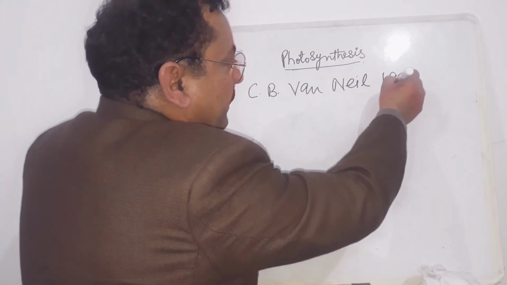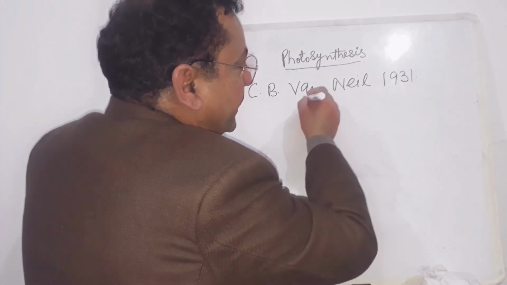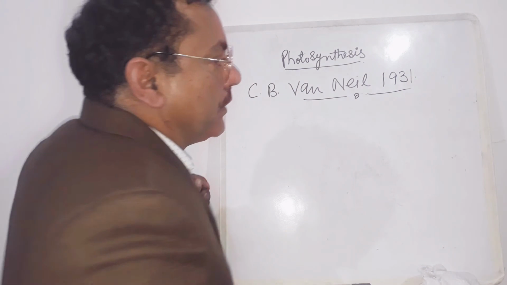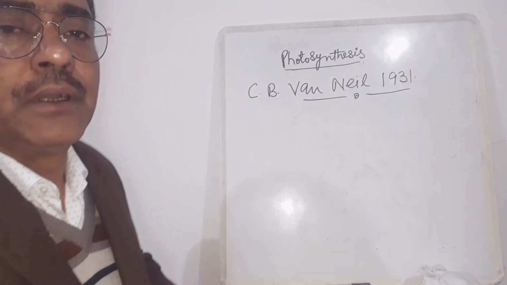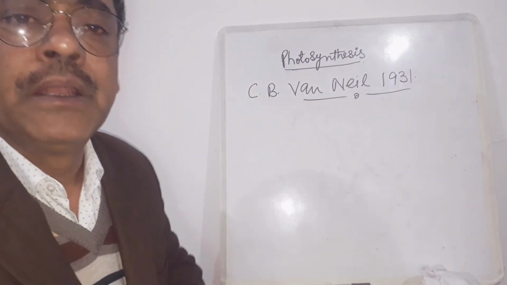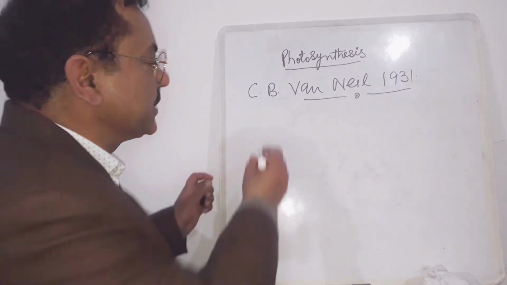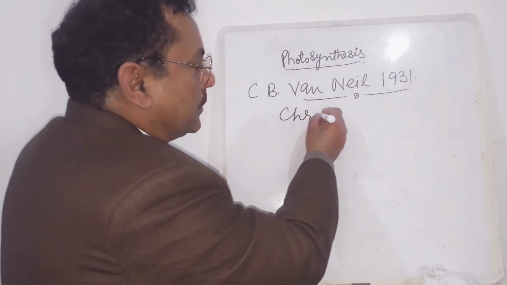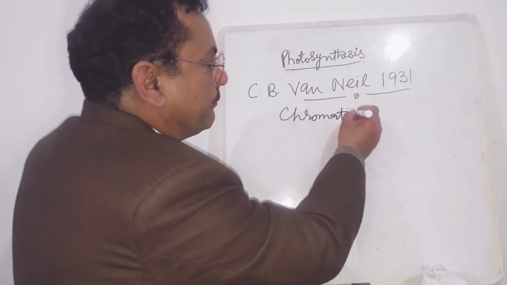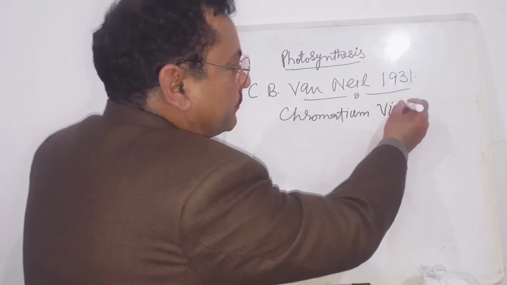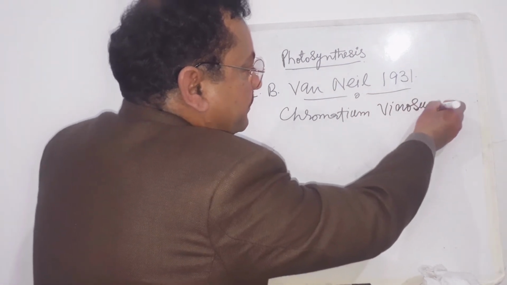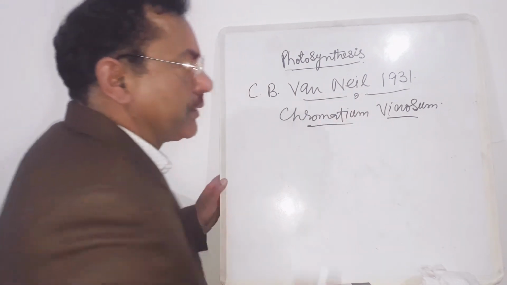In 1931 he performed an experiment with a phototrophic bacterium that you call Chromatium venosum, a photoautotrophic bacterium.